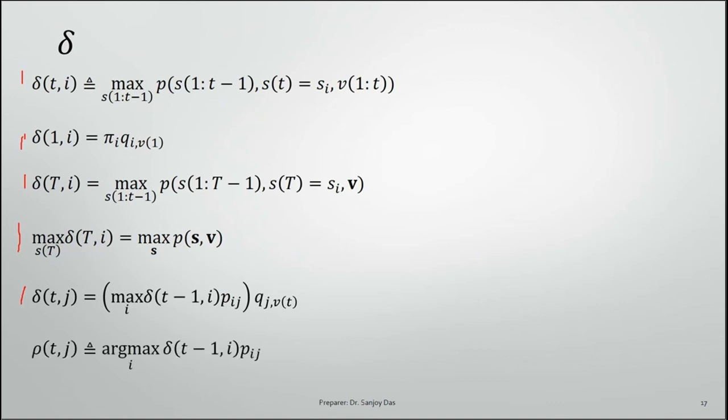And now we have rho t j equals argmax over i of delta t minus 1, i, Pij, and that's basically equivalent to this. Here you're doing the argmax, and here we're doing the max. That's the only difference between delta t j and rho t j. Of course, we have qj of v t here, which we don't need here.